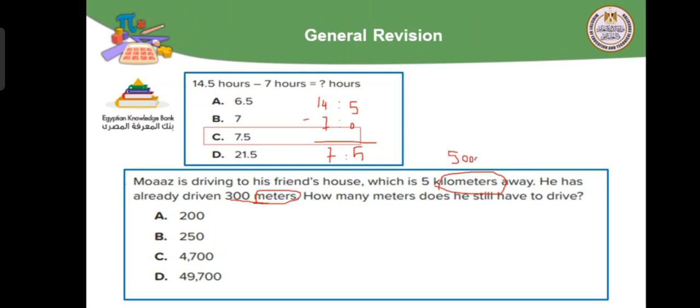Then how many meters does he still have to drive? Since he still has to drive, we subtract 5,000 minus 300. So the result will be 4,700.